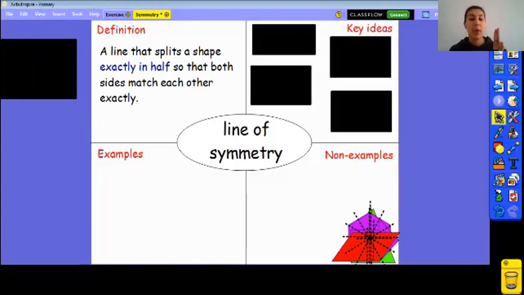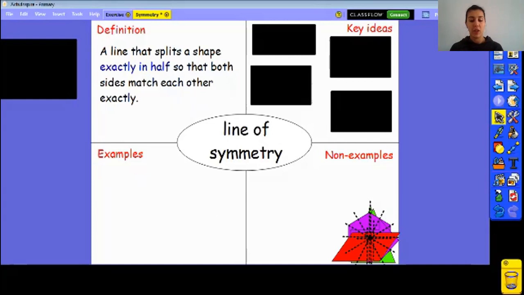So they both must be equal. They both must be identical halves. That means the same. So a line of symmetry is a line that splits a shape exactly in half, so that both of the sides, both of the halves, match each other exactly.